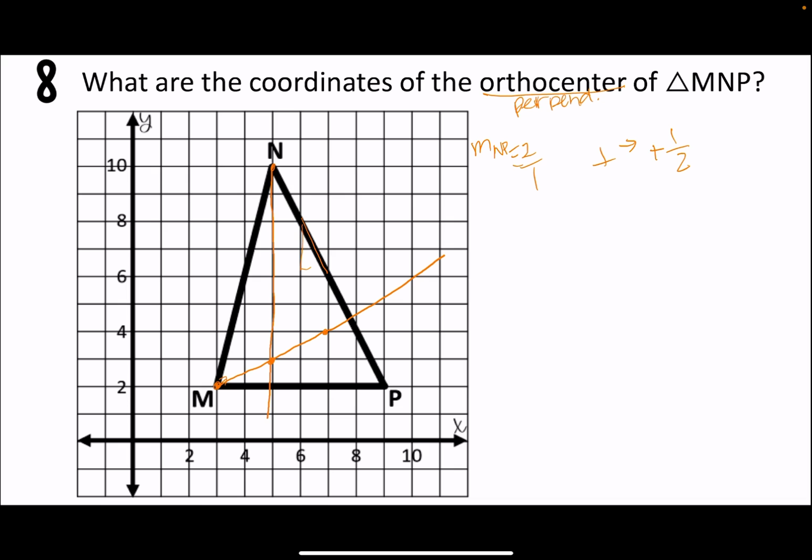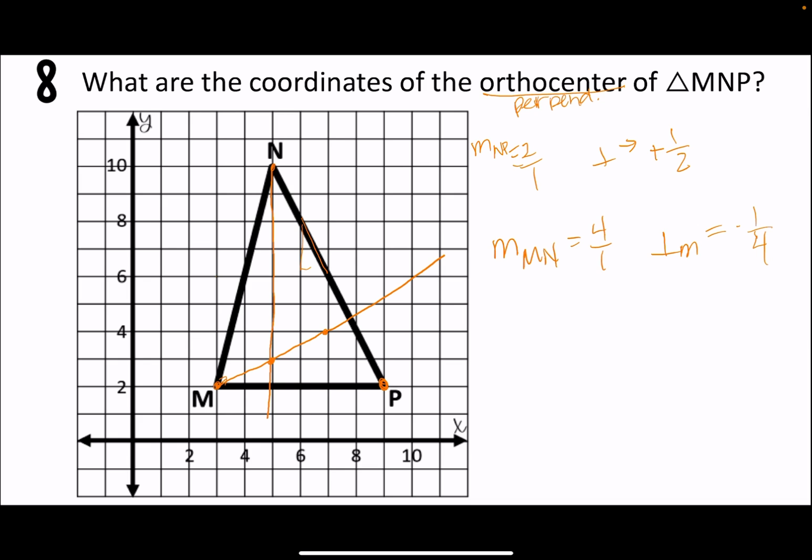And then lastly, we have to do it for point P here, and it has to be perpendicular to line MN. So if we look at the slope of line MN, we're going up 4 to the right 1. That means a perpendicular slope is going to be, I'm going to put the thing down, flip it, and reverse the sign.